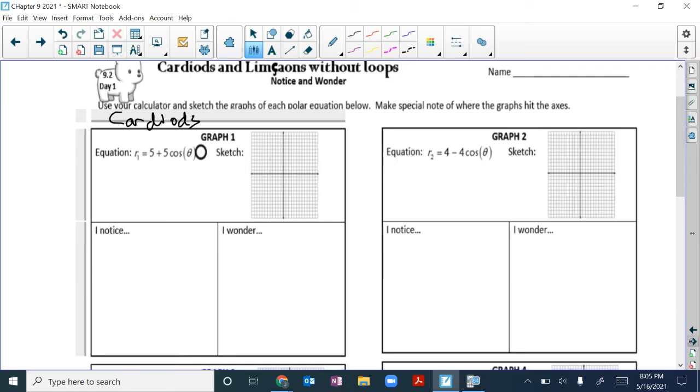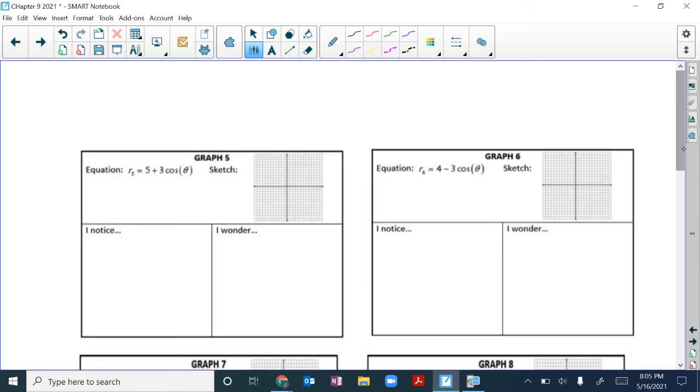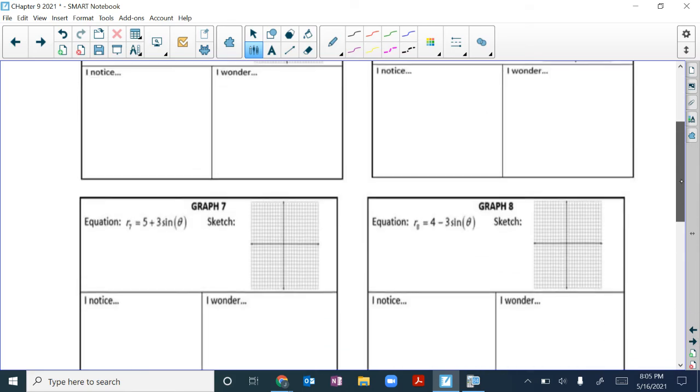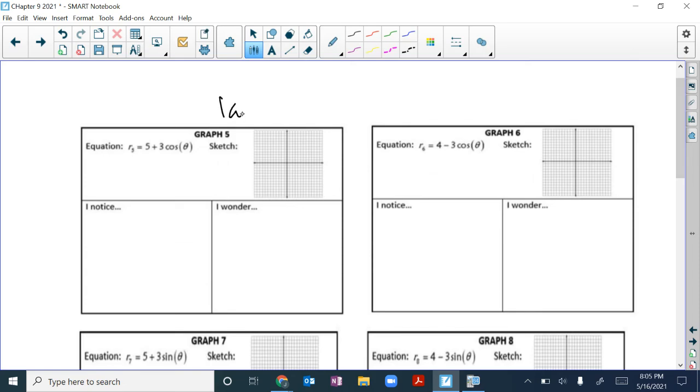And then the next page is 4 more graphs, and they're all limacones. They're actually all limacones without loops, which we'll talk about ones with loops next time.